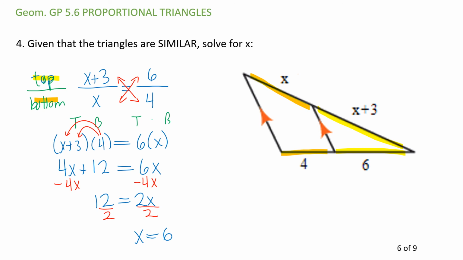That's the answer it was looking for, but I'm going to plug this in. That makes this number 9, and this one 6. So you could actually do a quick check. Is 9 is to 6 the same way 6 is to 4? They're both 3 halves, so yes, it checks. So there's an algebra problem.